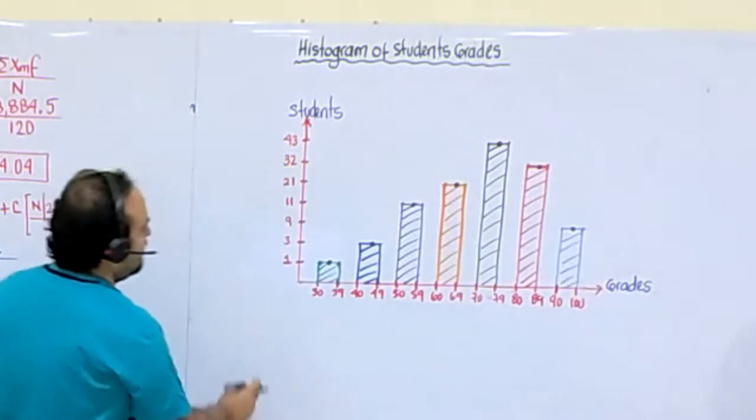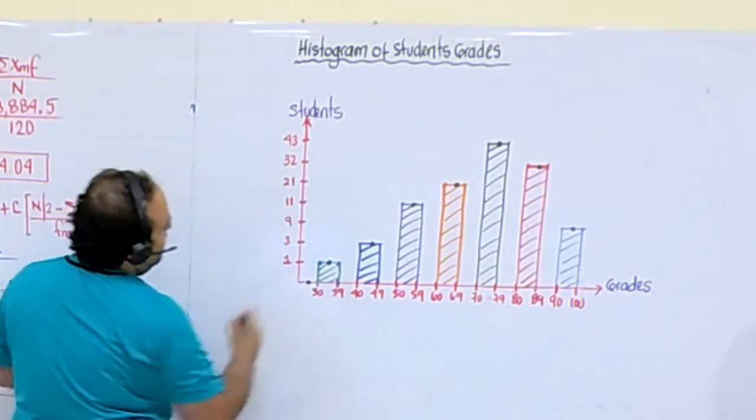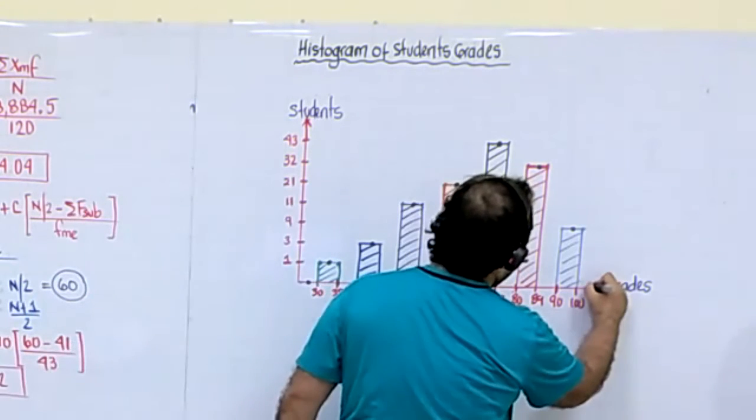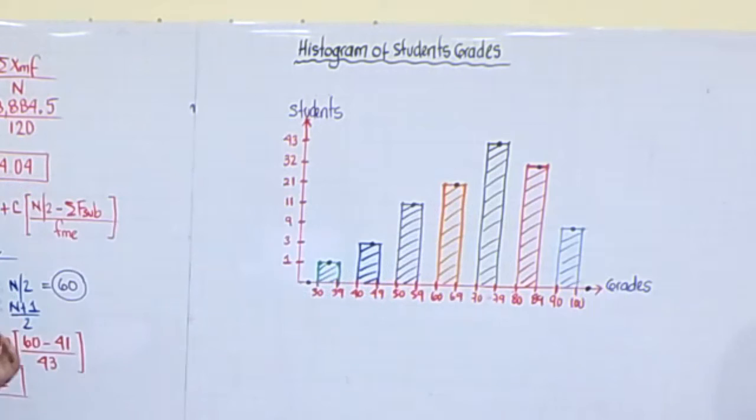And even though between 0 and 30, we can draw a point at the middle. Okay, and finish at the middle over here. Why? Because this point is representing the class mark.